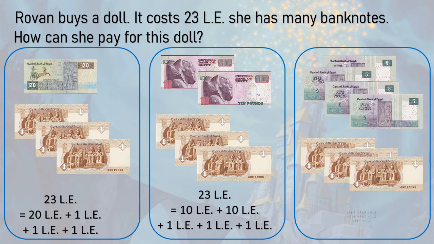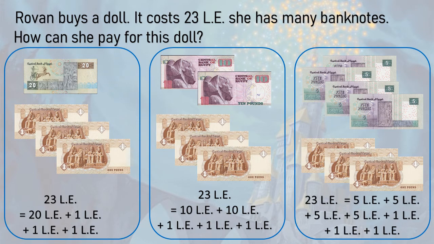Wow, that's amazing. So we can show any amount of money in more than one way. Just use the 7 banknote denominations that we have: 1, 5, 10, 20, 50, 100, and 200.